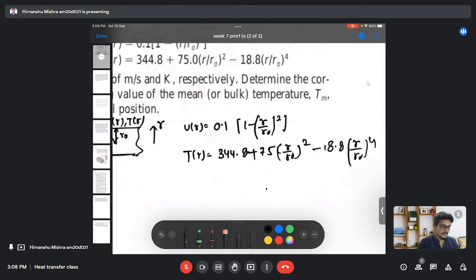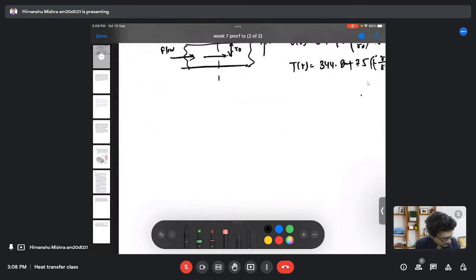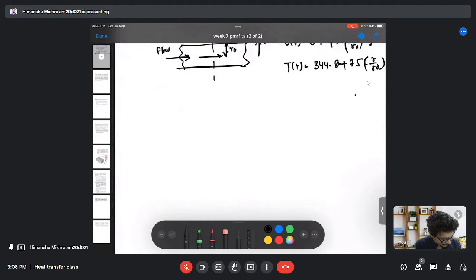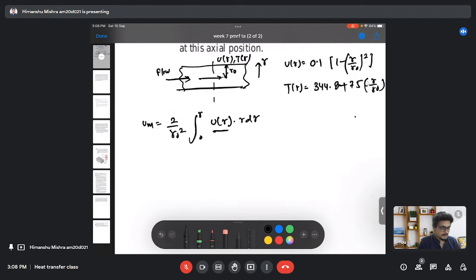To find the mean velocity, we will have an expression. This is the expression for finding the average velocity. We need to put the profile of the velocity here and integrate this over the value of r from 0 to R0.